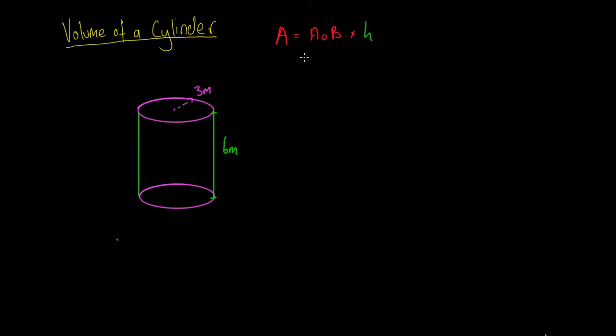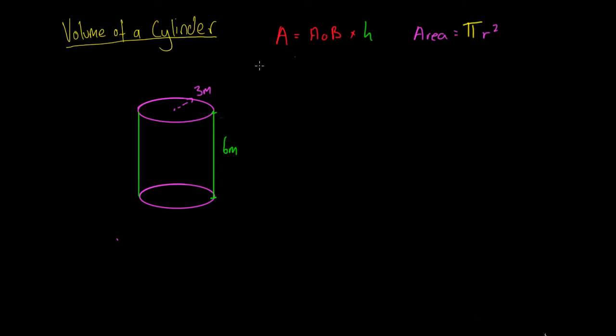In this instance, the area of our base is a circle, which is given by this formula we've looked at before: pi times the radius squared. That gives us the area of a circle.